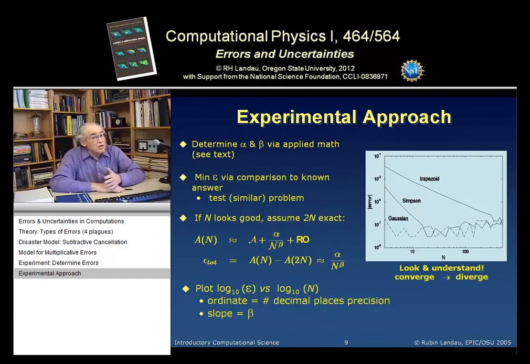Another approach is, well, what if I don't have a good analytic answer to compare with? Well, then what you can do is to say, I'll just look at my answer. Just look at the answer coming out of the computer and plot your answer up as a function of the number of steps used. And you should get crummy results at first, but then as it falls down, you see, the results seem to converge. They're getting better and better. And then if you push it further, you'll see, some noise comes in.